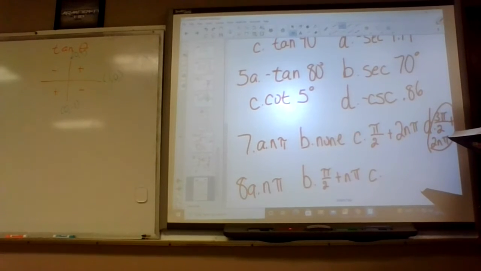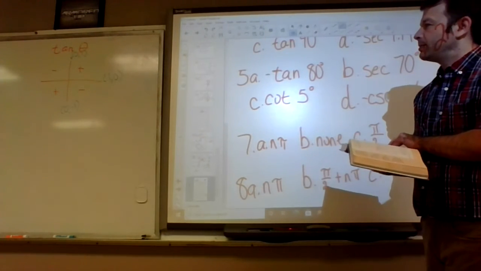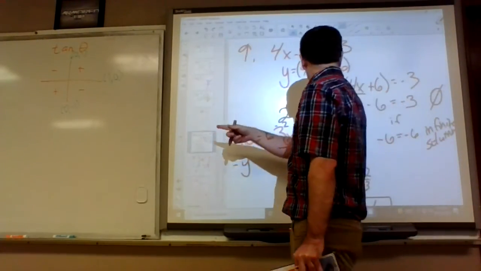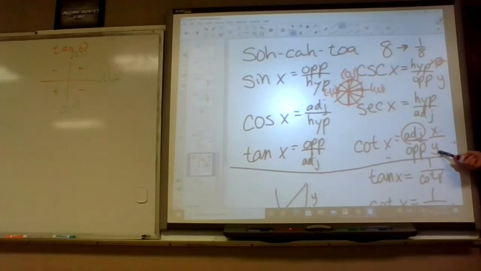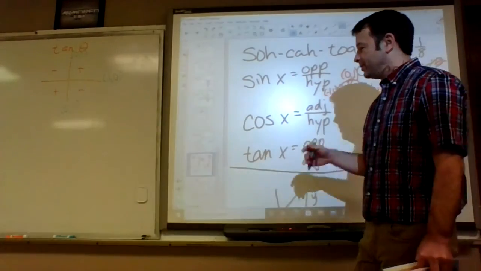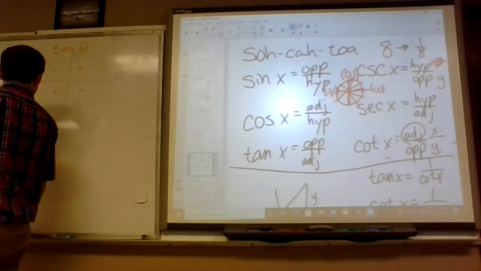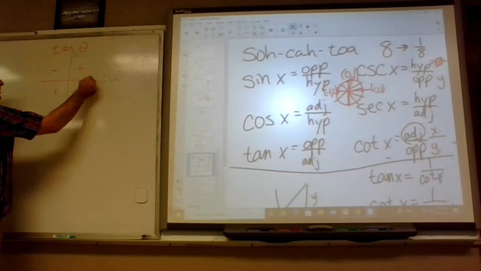C. 1. So when x is equal to 1, it's going to equal 1. Oh, wait. Hold on, I lied. Let me back up. I was thinking of cosecant again. So where does this equal 1? When x and y are the same. Where are the x value and the y value going to be the same?